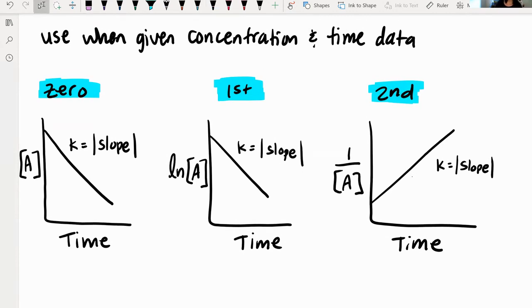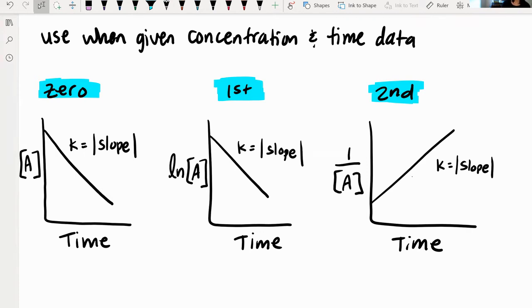Okay, so when we're given that time and that concentration data, we plot these 3 graphs. Only one of them is going to produce the straight line. You go to that straight line, you read the y-axis, and you say, oh, because it's the reciprocal, it's second order. Oh, because it's natural log, it's first order. Or because it's just concentration, I know it's 0th order.